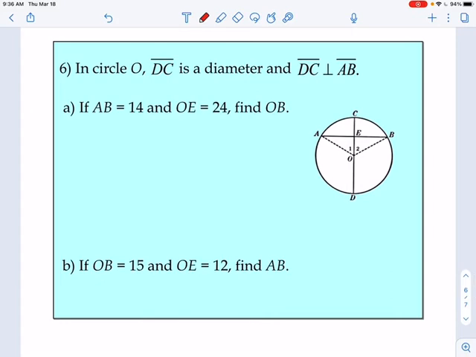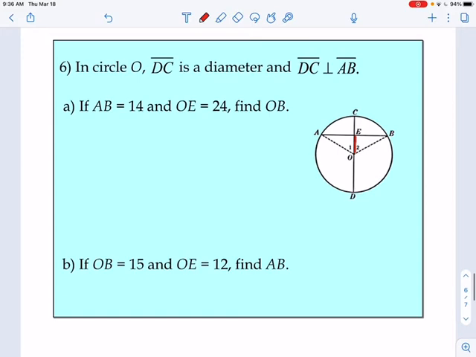In circle O, DC is the diameter, DC is perpendicular to AB, and AB is 14, and OE is 24, and we want to find OB. Okay, so OE is this piece here that I'm just highlighting in red. That's going to be 24. Okay, and again, we're told that this is a right angle because that was perpendicular from up here.